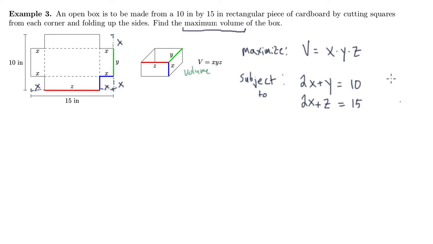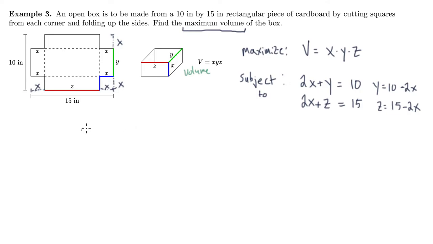Okay, so here are my constraints. Here's my objective function. I can get my objective function in terms of one variable by just solving for y and z. So y is 10 minus 2x, and then z is 15 minus 2x.